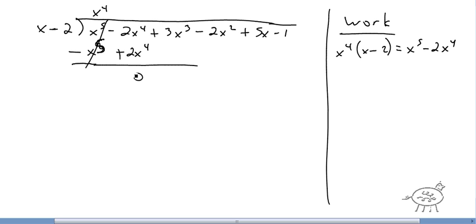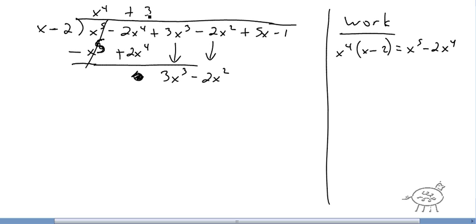It's a little bit different. So two things cancel. The only problem is I need 2 terms each time. So I'm going to bring down both terms: 3x cubed minus 2x squared. I always need 2 terms there, guys. So my next question, what times x is 3x cubed? Well, it's 3x squared.